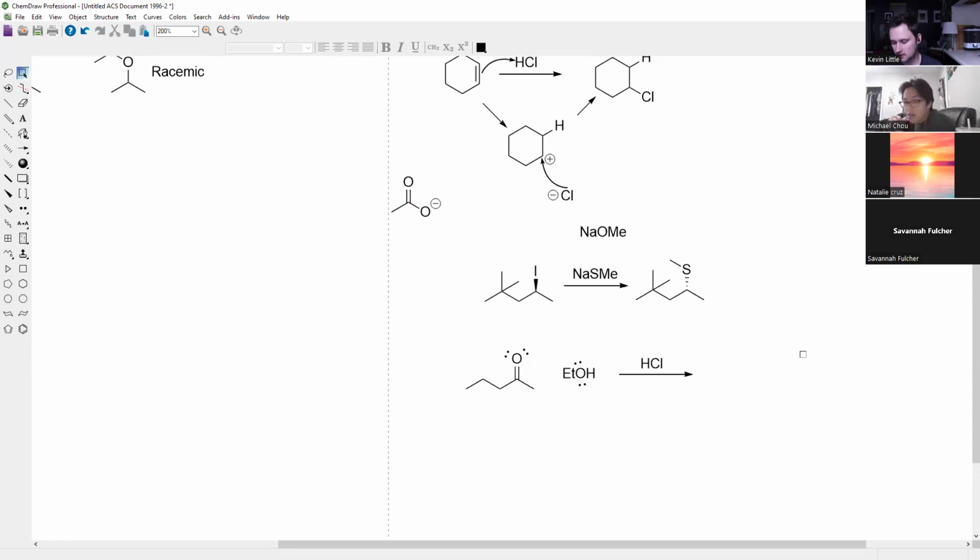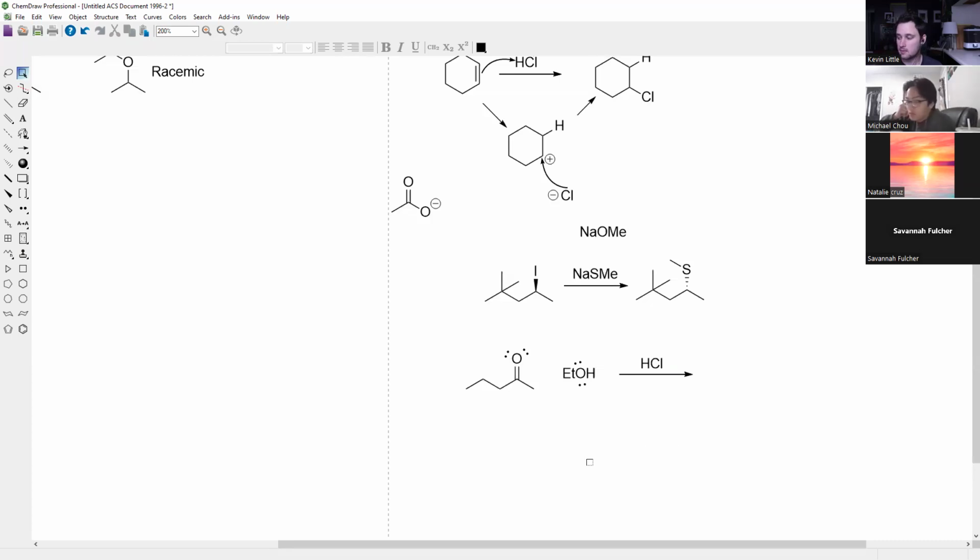So if I'm trying to make my electrophiles better and my nucleophiles better, where might I put a proton? Protons make things more positive or more negative? More positive. Yes.